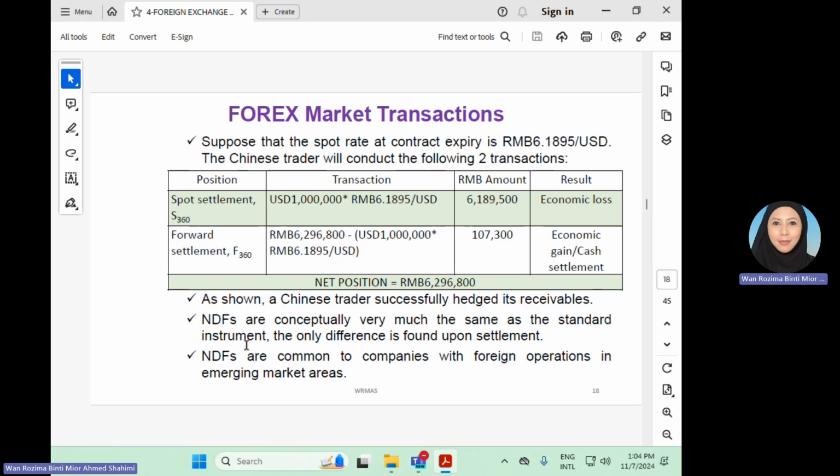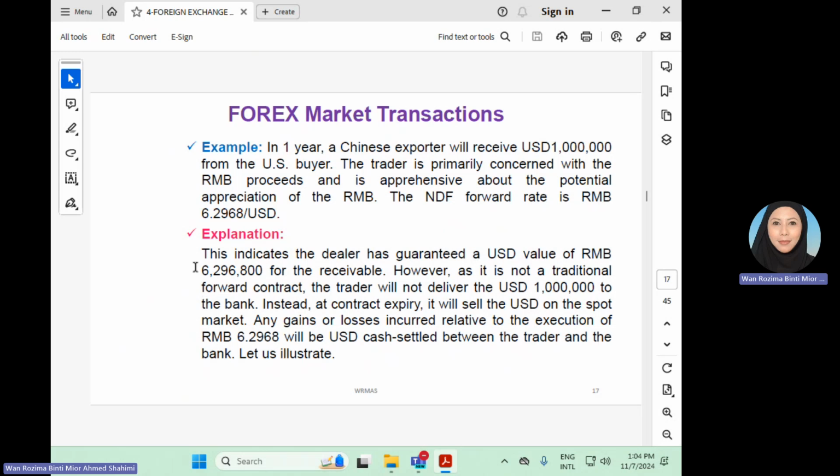First, spot settlement. For example, the spot rate: 1 million, multiplied, then you will get renminbi 6,189,500, which is less than what you expected. If you only take this and don't use the NDF rate, you get less than what you expected.